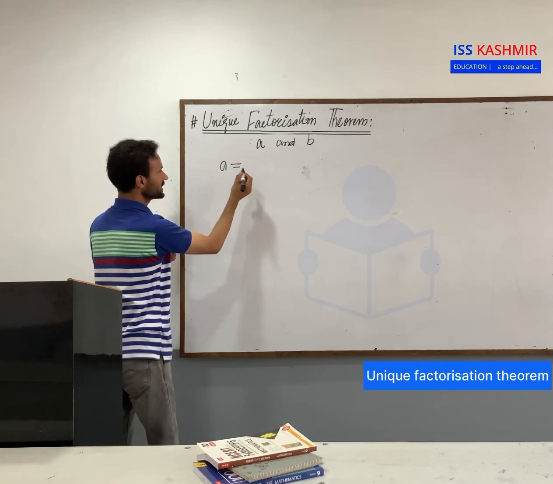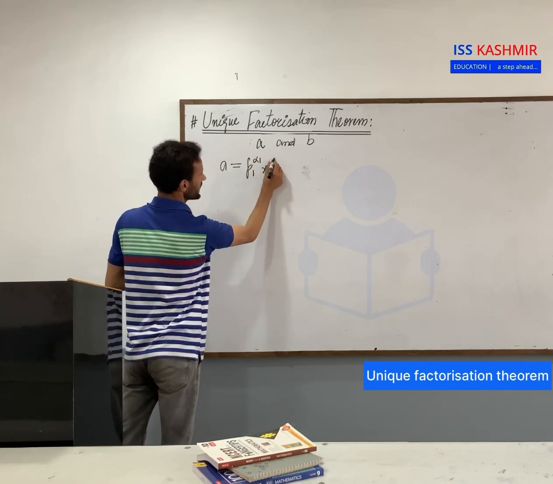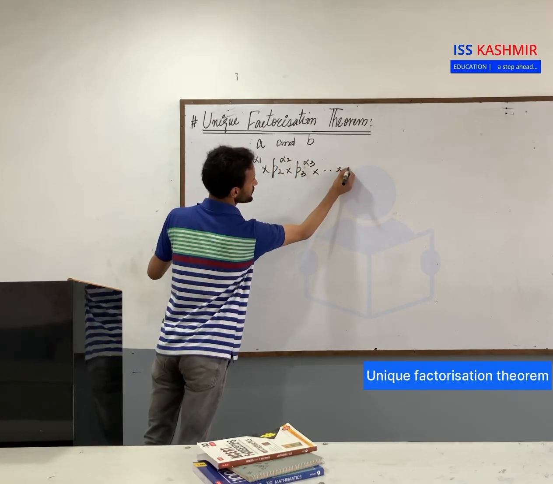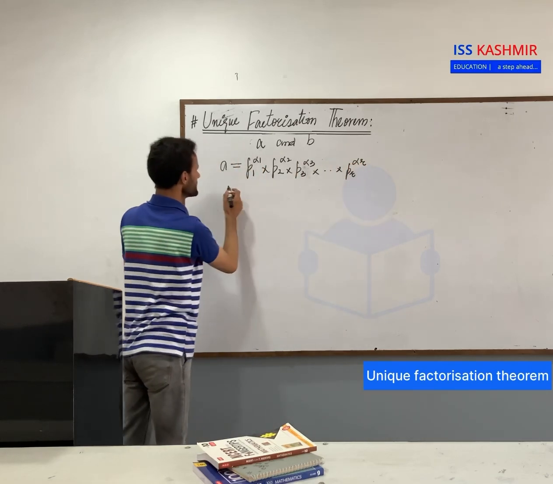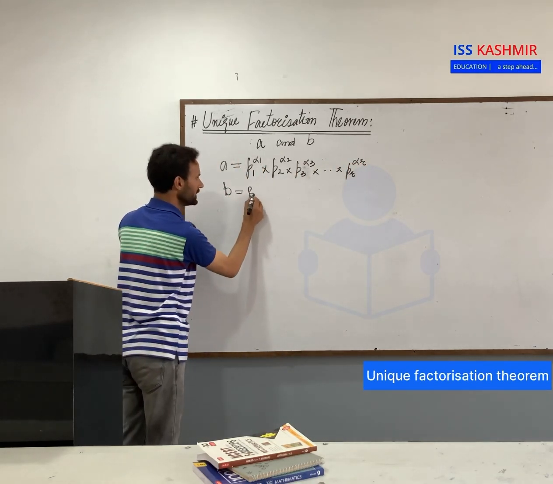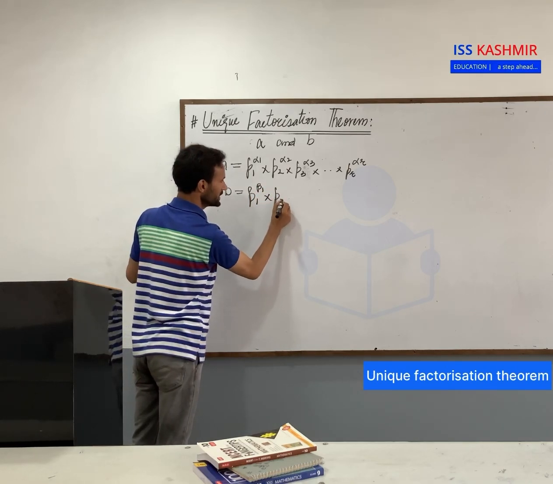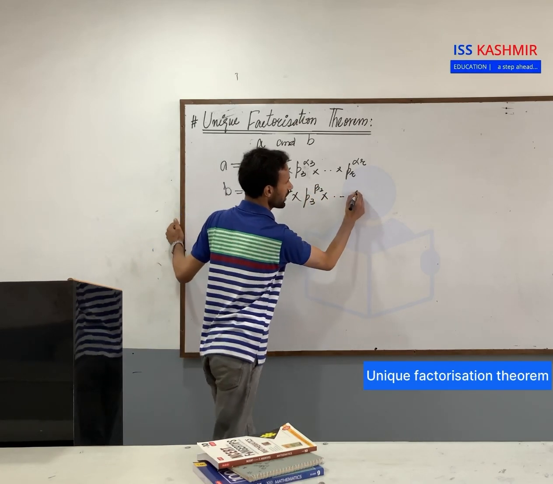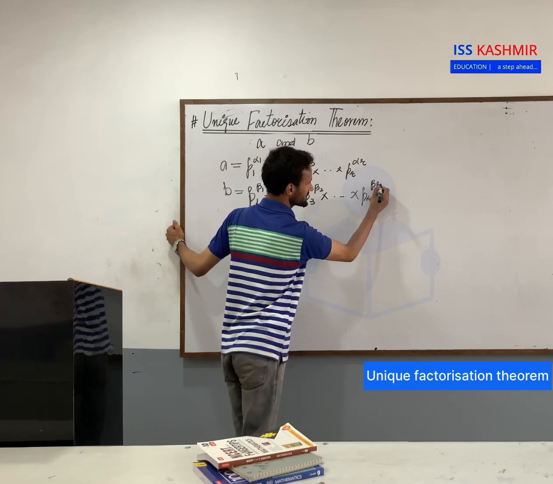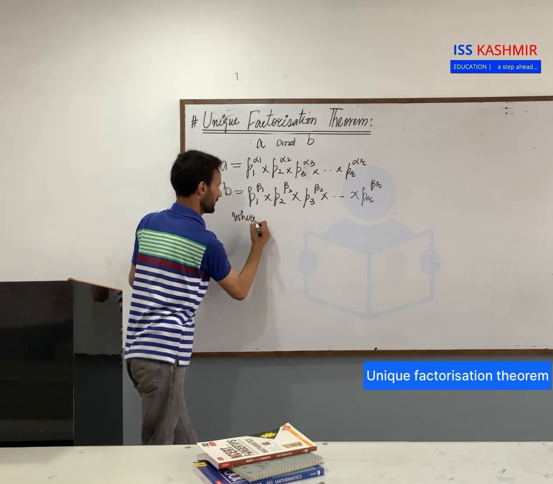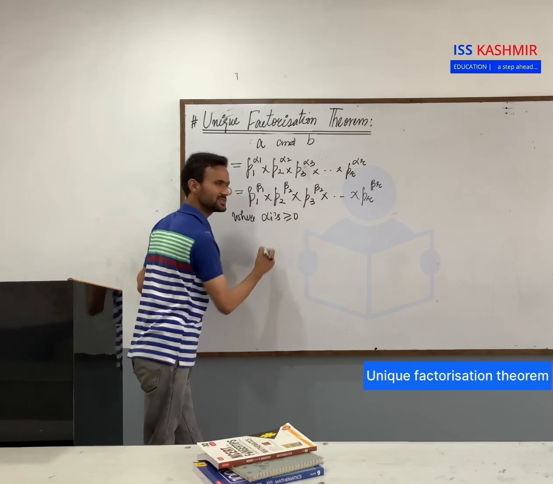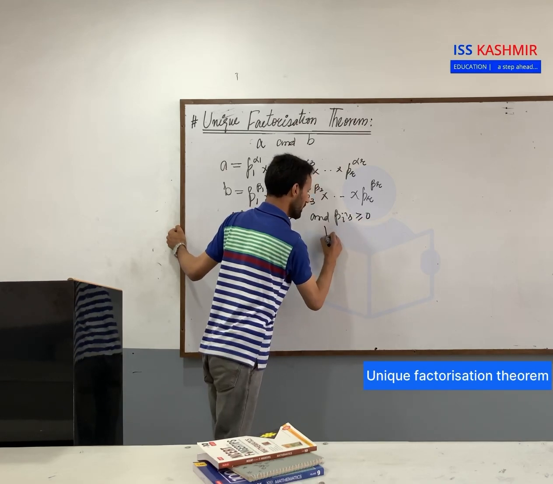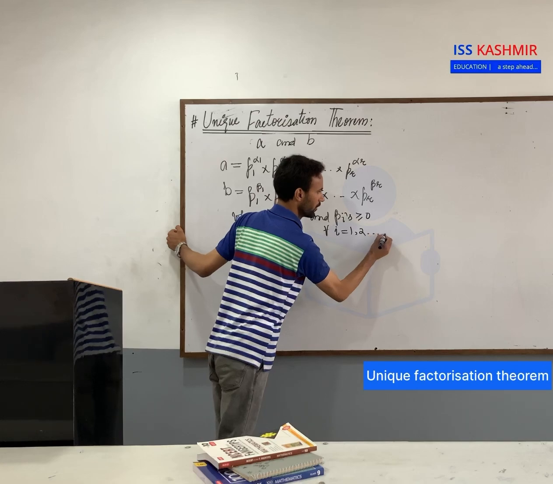Then the canonical form of a is p1 alpha 1 into p2 alpha 2 into p3 alpha 3 and so on up to pr alpha r, and the canonical form of b is p1 raised to power beta 1 into p2 raised to power beta 2 into p3 raised to power beta 3 and so on up to pr raised to the power beta r, where alpha i is greater than or equal to 0 and beta i is greater than or equal to 0 for all i running from 1 to r.